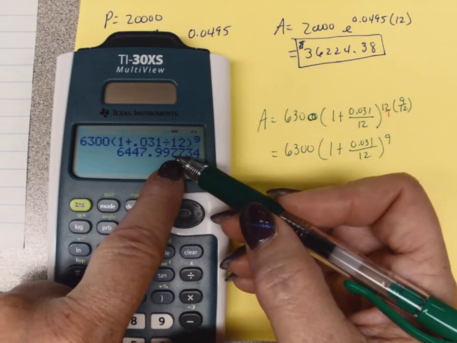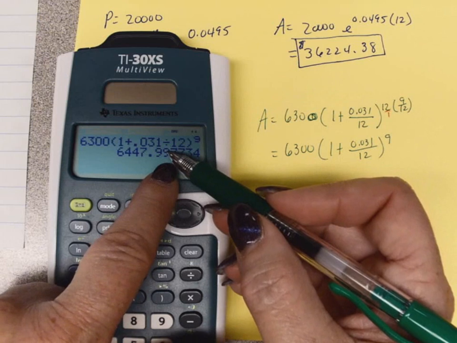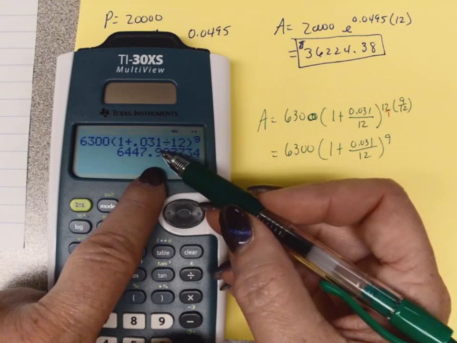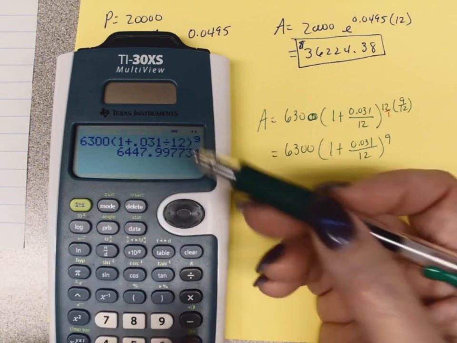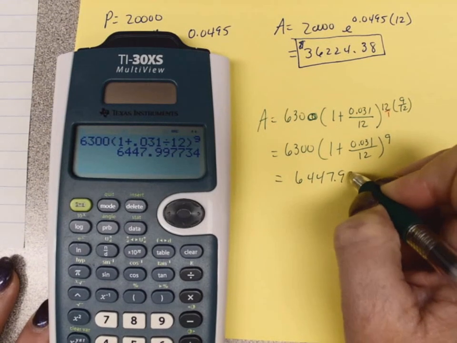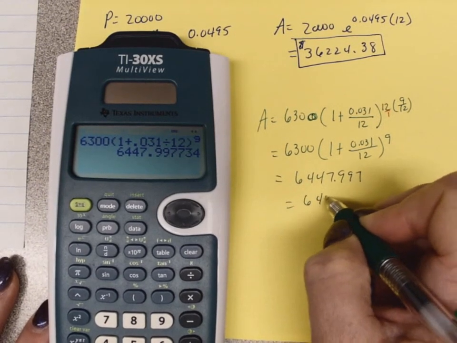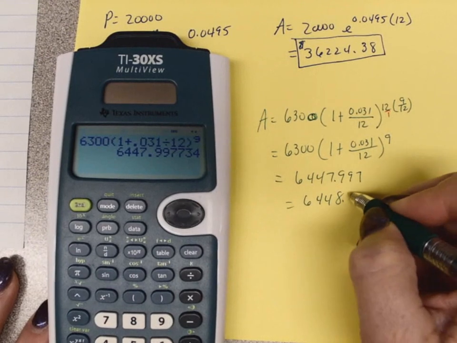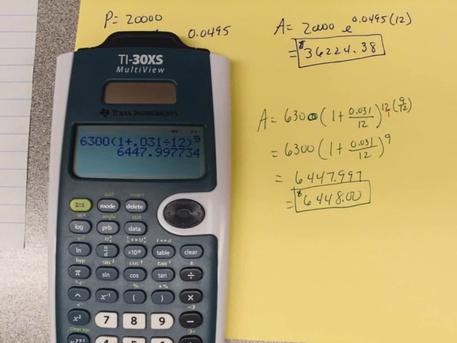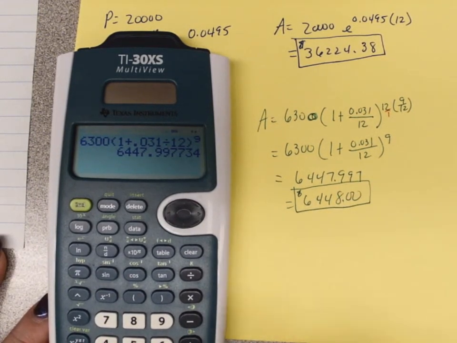That 7 is 5 or more, so that'll make the 9 round to a 10, so the rounding will go clear over to the 7. So 6447.997 is going to cause the rounding to be 6448.00. Okay, so just be aware, and we're just looking at that number right after the 9.